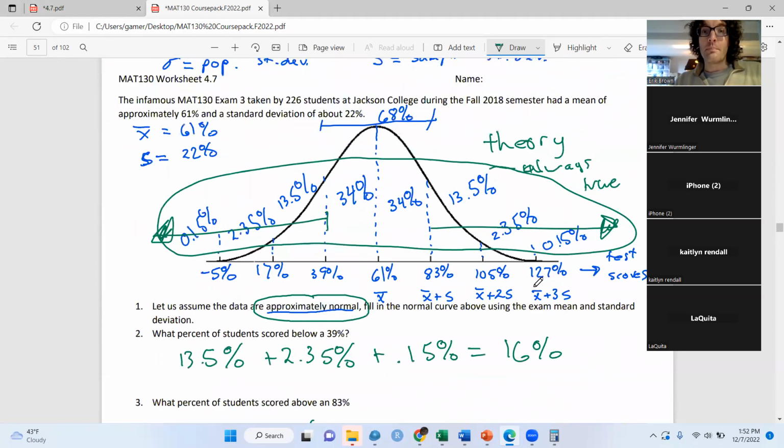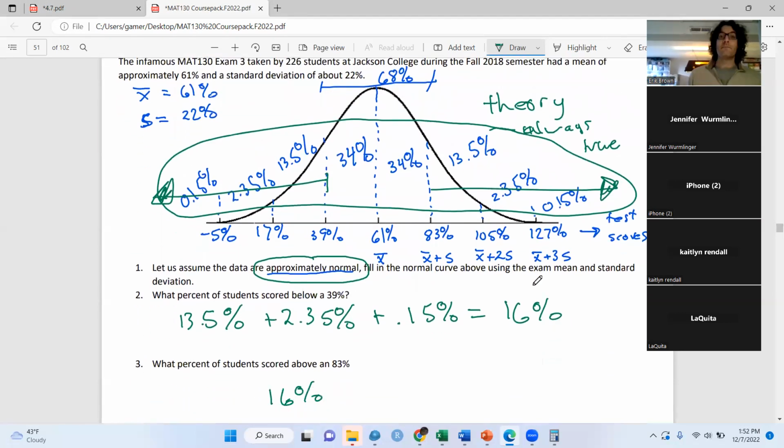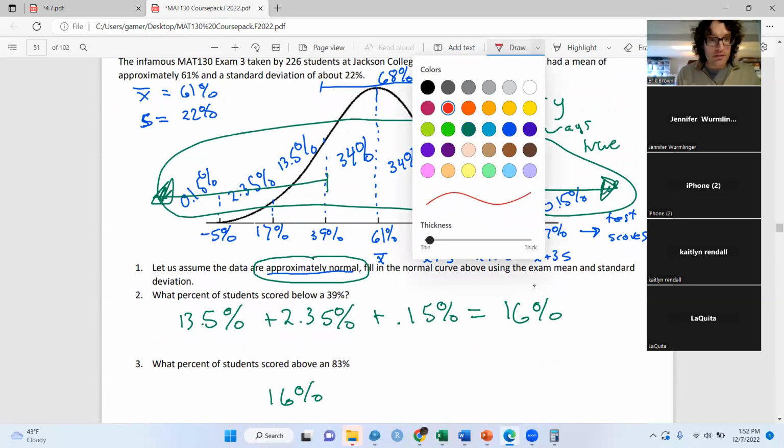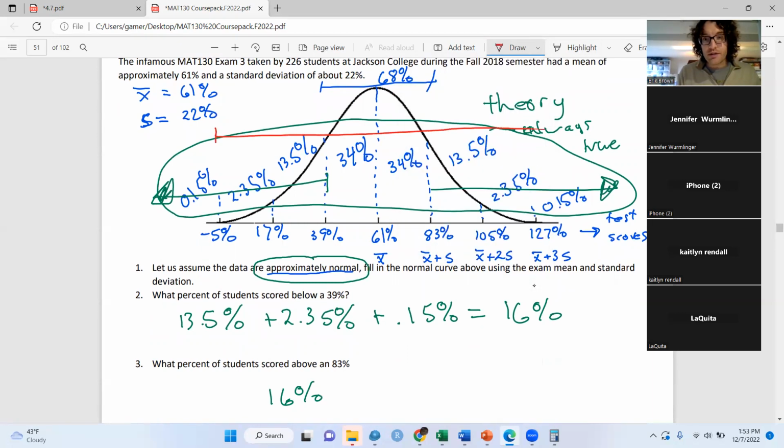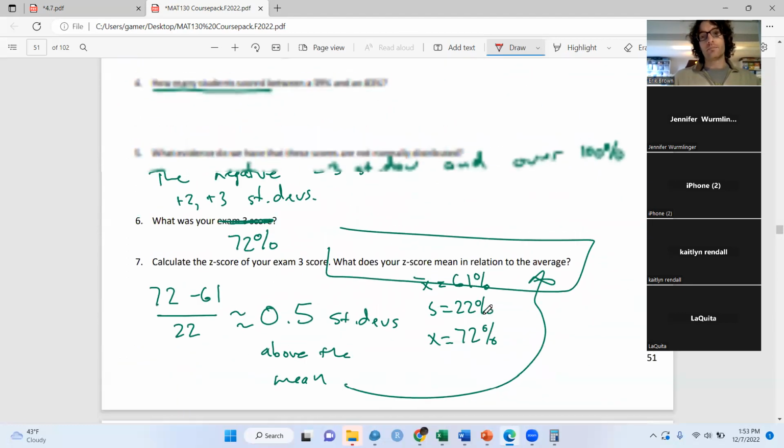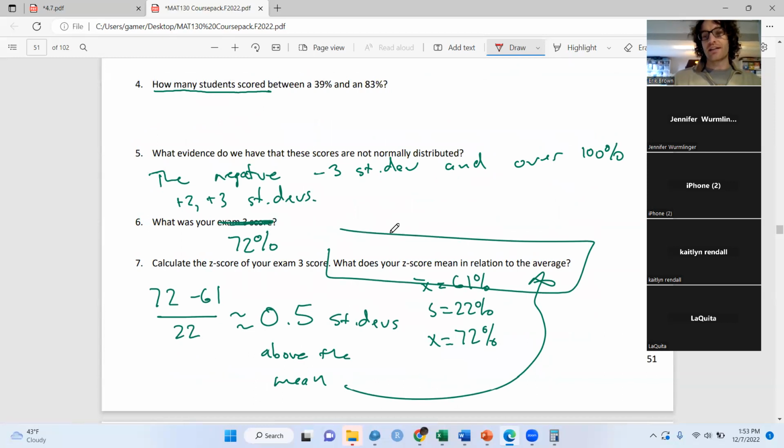And based on the empirical rule, between -3 and +3, let me do it in red so it really pops, between this standard deviation and this standard deviation, so that's -3 and +3 standard deviations away from the mean, that should be 99.5% of the data. And those are impossible data values from our data set. So that's our clue that we do not have a normally distributed data set.